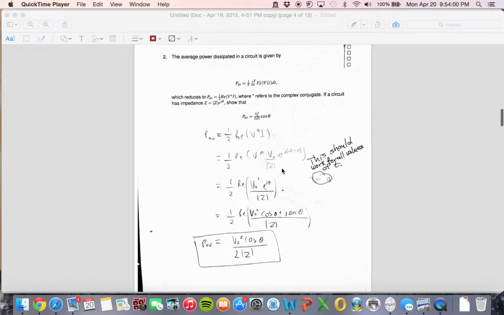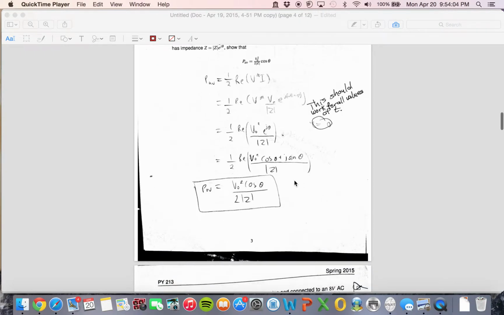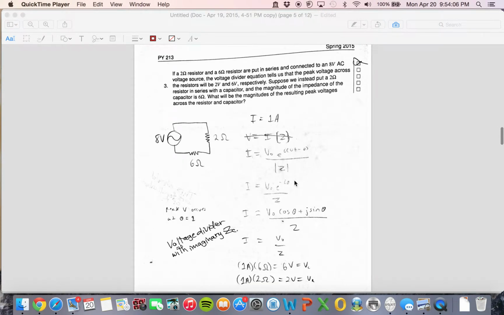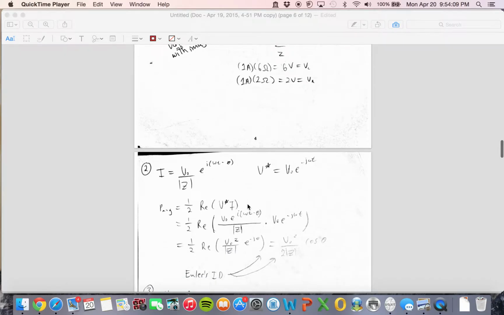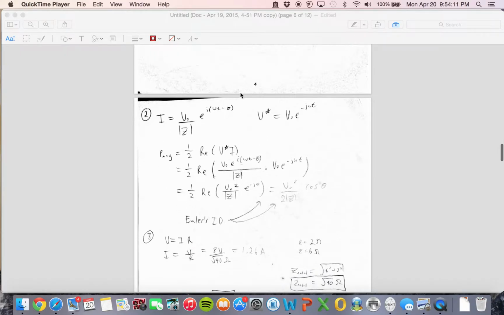In question number 2, I made a bad assumption here that I did not need to make, and I'm going to talk about question 3 on this page as well. We have voltage here, and the complex conjugate changes the sign of the imaginary part.